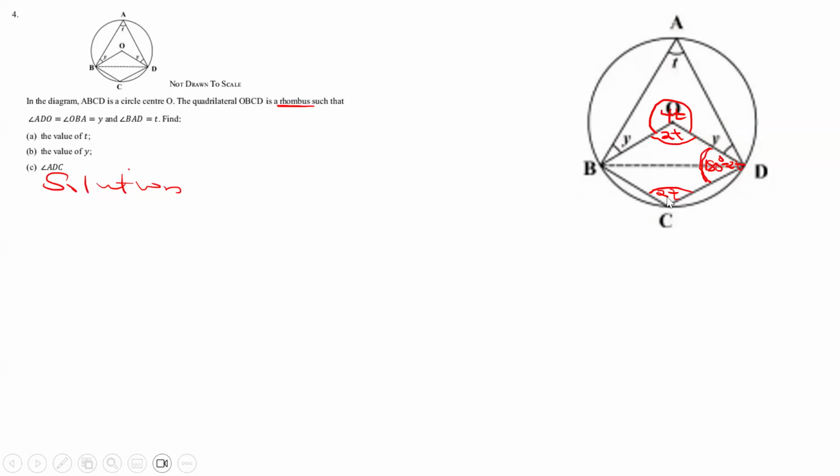So if you write 180 minus 2t, it will be wrong. Then it means you are assuming that this angle plus this angle should give you 180. No, they should be equal because we are talking about a rhombus. You get the point? You are welcome.